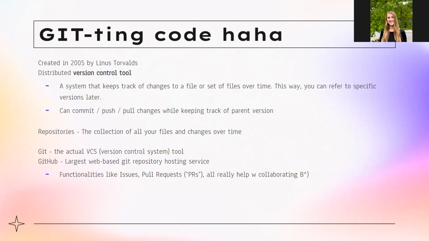There are a lot of features within it, but you don't need to know all of it. Repositories are the collection of all your files and changes over time. That's the big hub where all the files are, and in this case, where all the files and code of the web app will be.